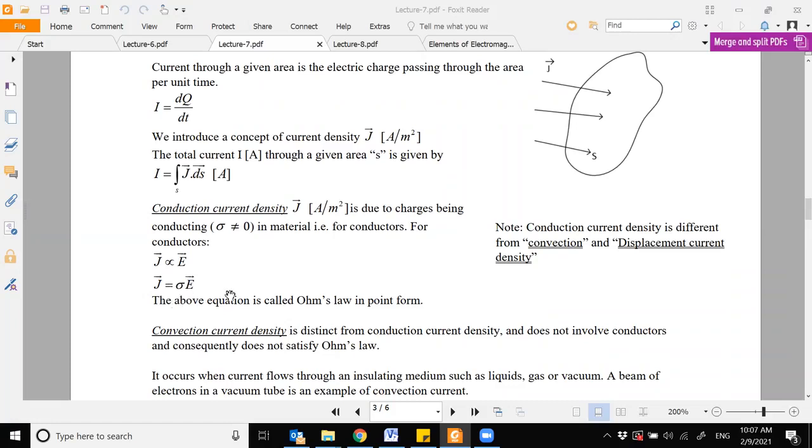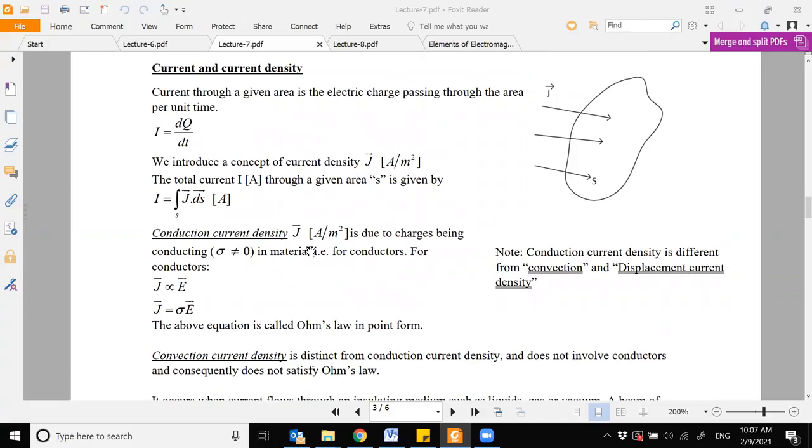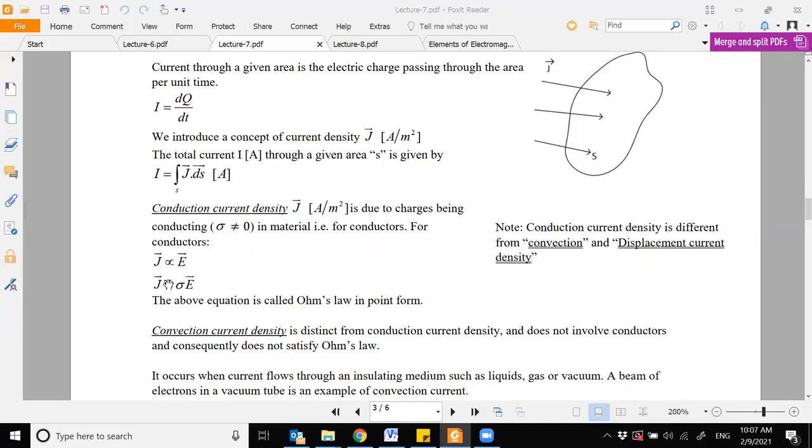So this is the relationship that we are going to use now throughout this course and even in electrical engineering. That is, the conduction current density is proportional to the electric field and the proportionality constant is the conductivity. So J is equal to sigma E. And this is actually called Ohm's law in point form.